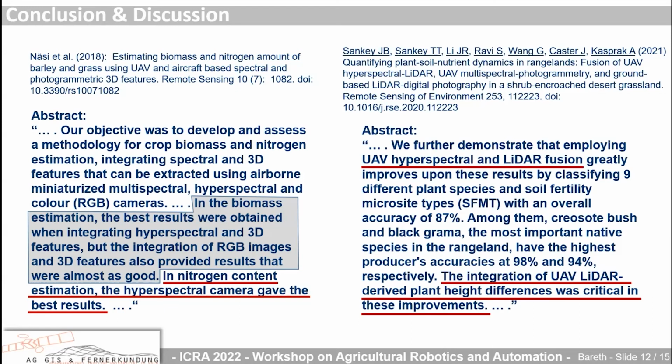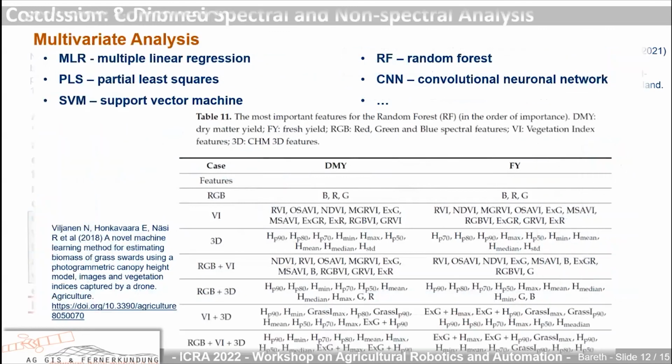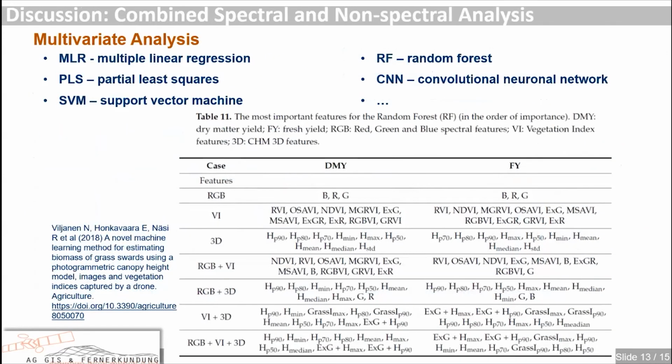Also for rangelands, we see groups using LiDAR data and UAV hyperspectral data. The integration improved the monitoring results, especially including the height difference in the analysis, which was crucial and most important. We see this in a study from Viljanen as well.